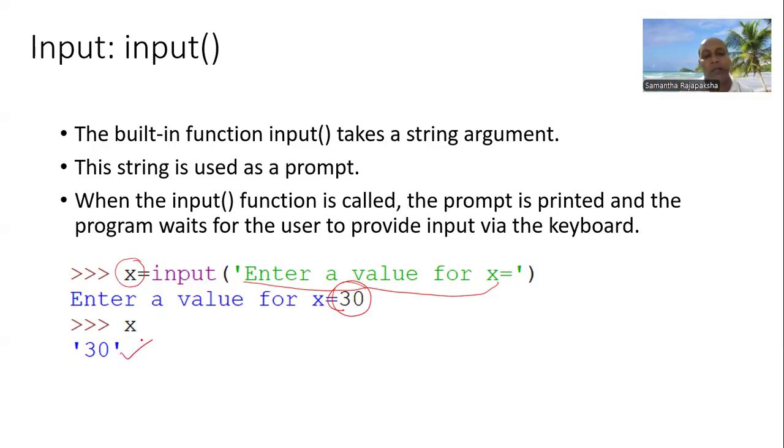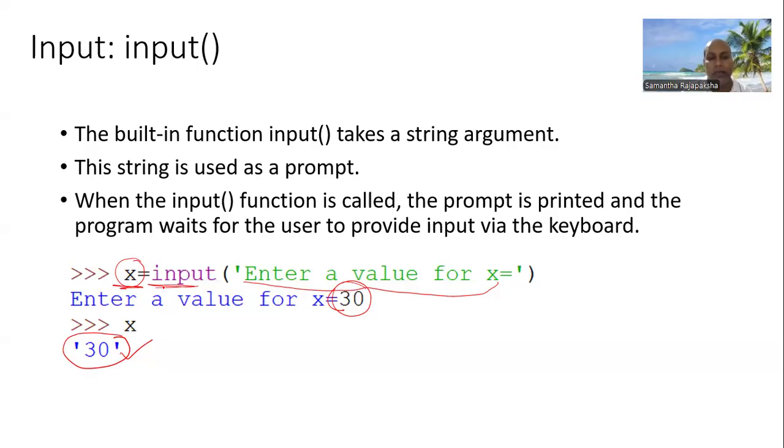But keep in mind the value you get for x is a string, not a numerical value. Always remember the input you get through the input function will be a string. It is not a numerical value.